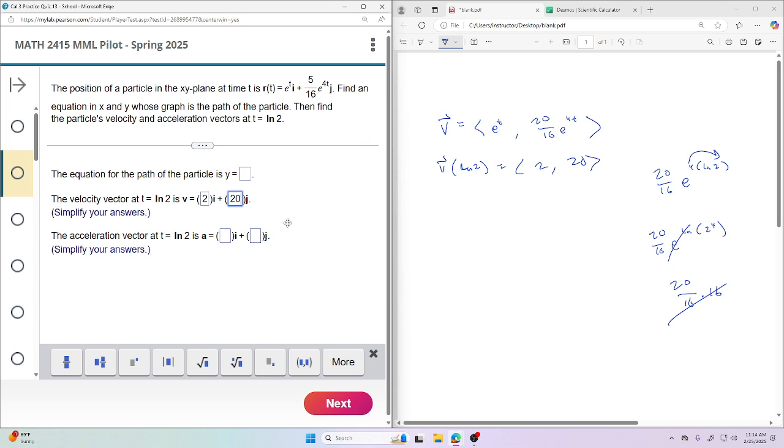Equation for the path of the particle. Oh, right. So yes, x is equal to e to the t, and y is equal to this business here. And then we're trying to compare them, right?